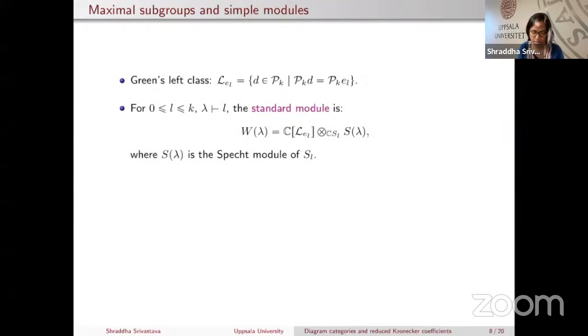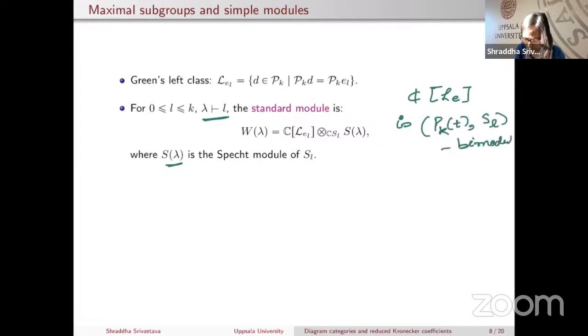We know the representation theory of the symmetric group over the field of complex numbers. The simple modules are indexed by integer partitions, and suppose lambda is a partition of L, and S lambda denotes the corresponding Specht module of the symmetric group SL. Then, as we said, this CLE is a PK, SL bimodule.